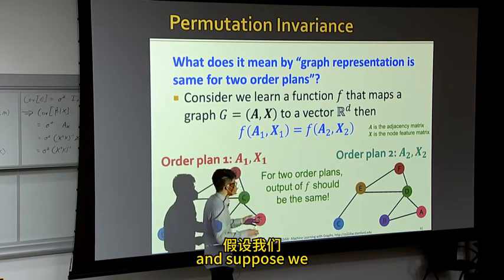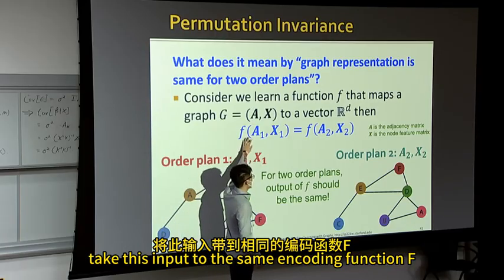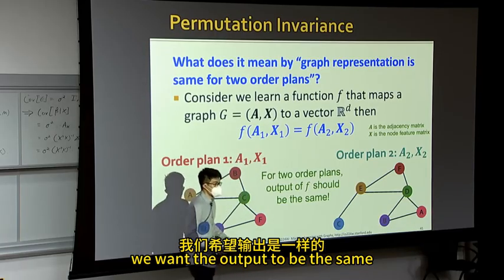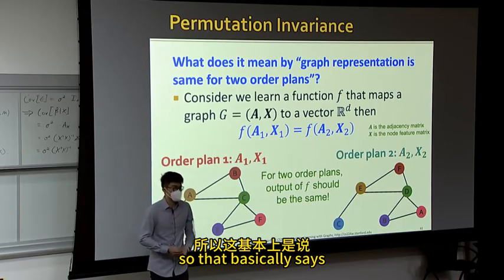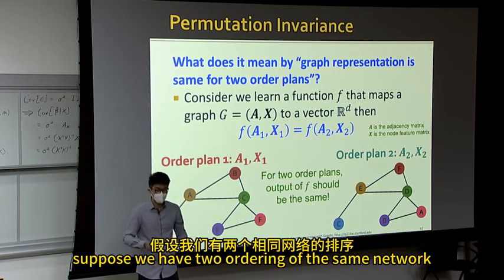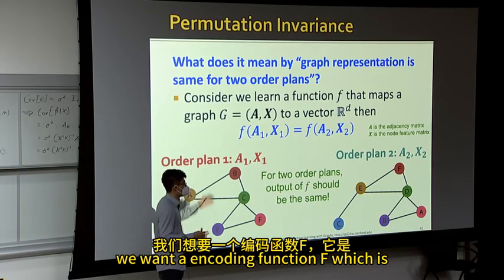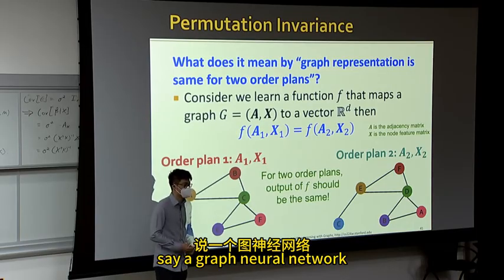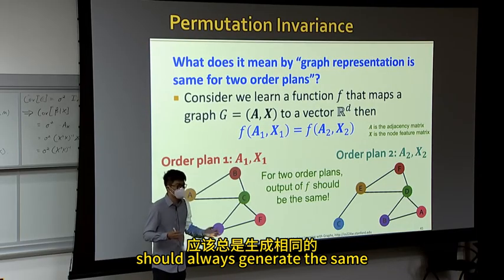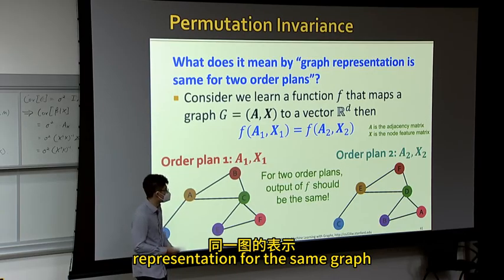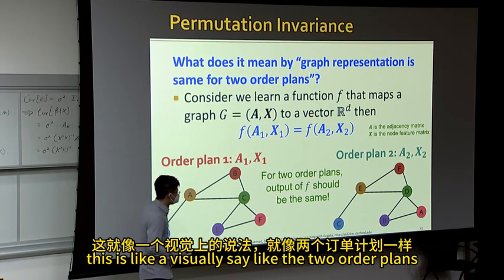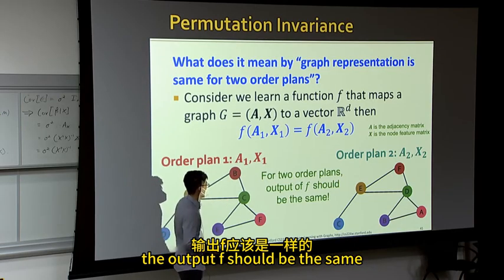Suppose we take these inputs to the same encoding function f, we want the output to be the same. That basically says, suppose we have two orderings of the same network, we want an encoding function f, say a graph neural network, to always generate the same representation for the same graph. Visually, for the two order plans, the output of f should be the same.